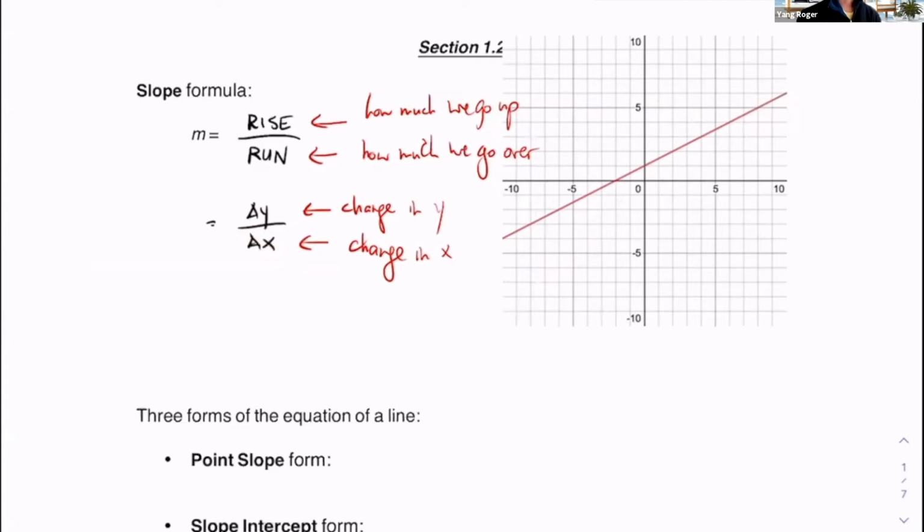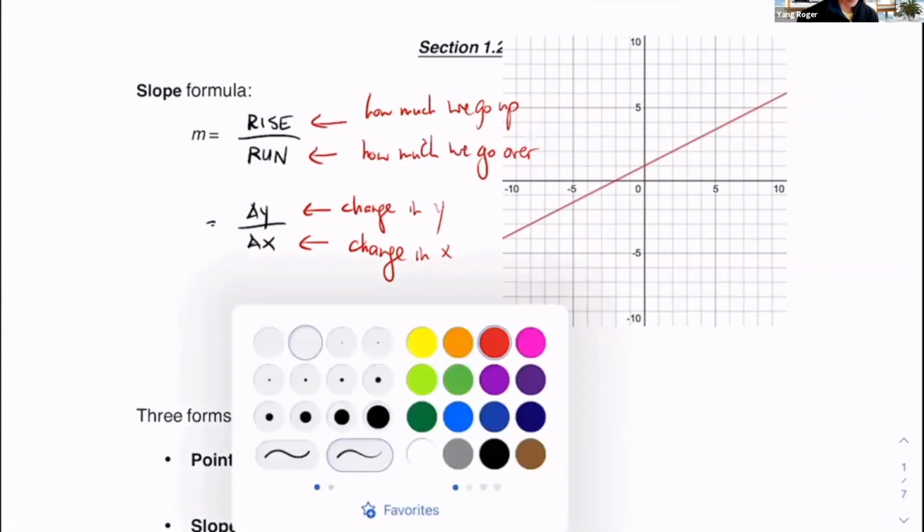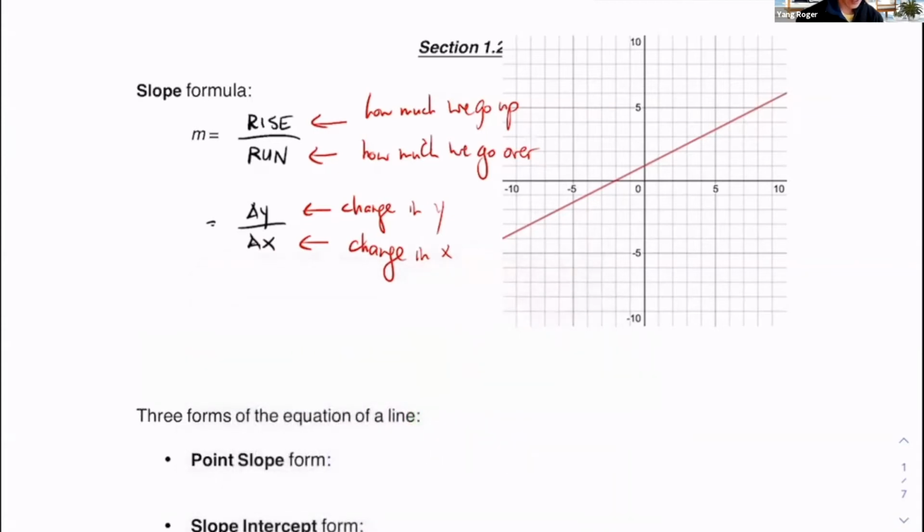If you really wanted to get down to the nitty gritty, you'd have to ask, how do I calculate delta y and delta x? The answer is first, we have to be given 2 points. Let's say we're given 2 points, x1, y1, and x2, y2. Then the change in y is just going to be y2 minus y1, and the change in x is going to be x2 minus x1.